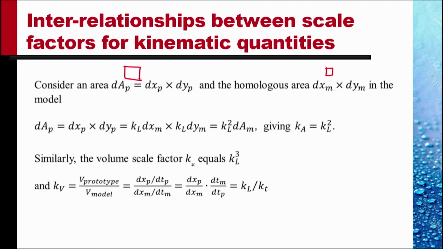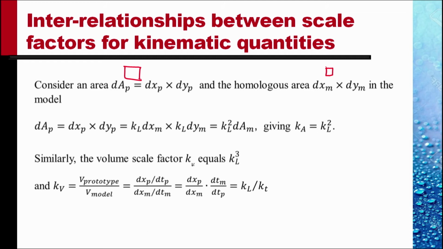And the velocity scale factor is velocity in the prototype divided by velocity in the model. And the velocity in the model would be dxm divided by dtm. And this simplifies to dxp over dxm into dtm by dtp. The first one is KL, and the second ratio is the inverse of KT, because KT is dTp over dTm.